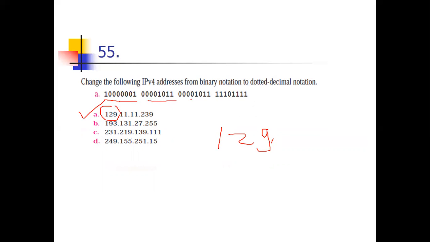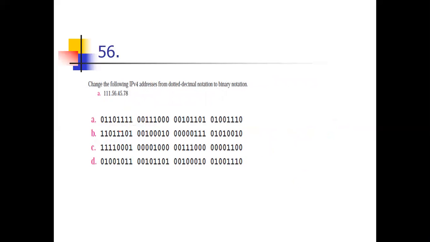So there is no need to convert the remaining numbers. If you convert, the next number is 11, the next number is 11, and the next number you will see is 239. But if you see smartly, you converted the first number, it's 129, nothing else matches, so that is definitely the answer.